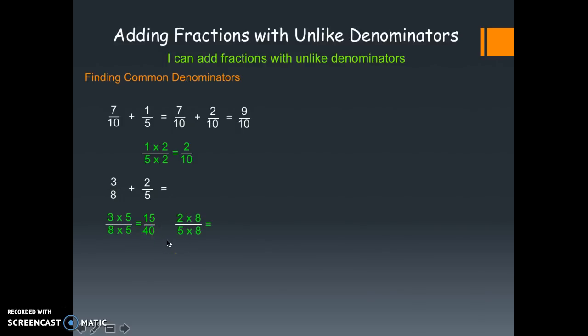So I'm going to do the same with 2 fifths. 5 times 8 is what gives me the 40. So I have to multiply the top and the bottom by the same number again. So that would be 16 40ths. So now my problem is 15 40ths plus 16 40ths. And I get a total of 31 40ths.